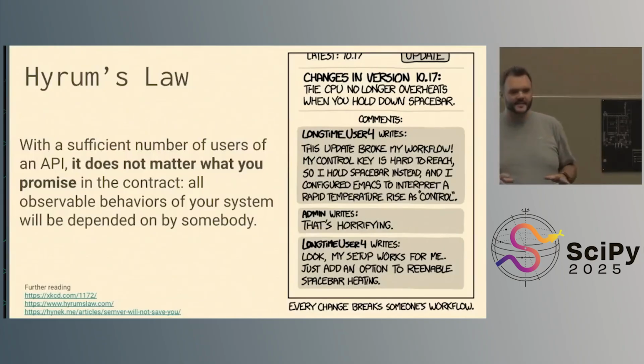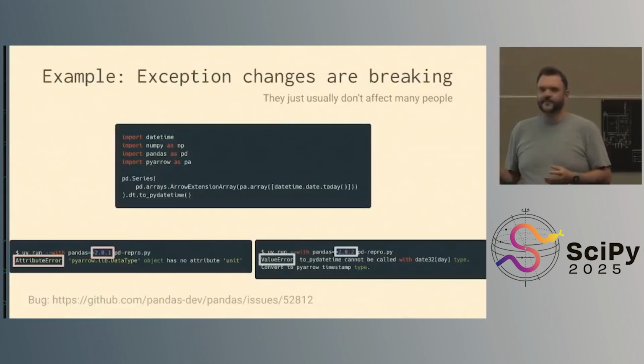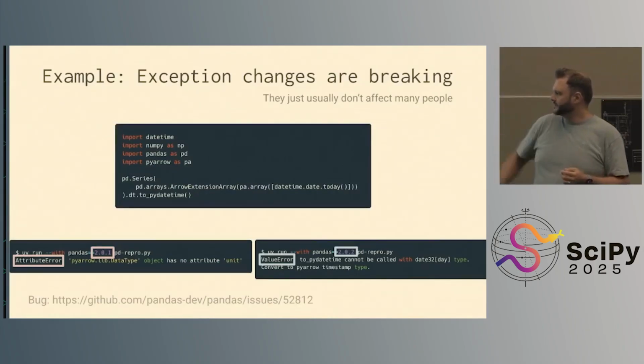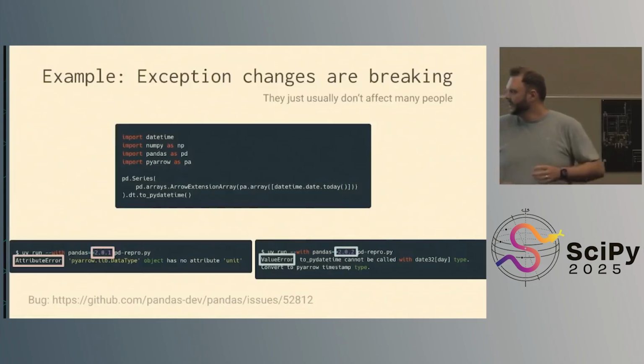But there's tons of examples of this. When I wrote this talk, I grabbed a quick example from Pandas, very popular, one of those packages where probably every observable behavior is relied on by somebody. The example that I pulled out, this bug, 52,000-something: if you take a series of date objects and convert it to datetime, PyDatetime objects, it raises an exception because they're dates, not datetimes.